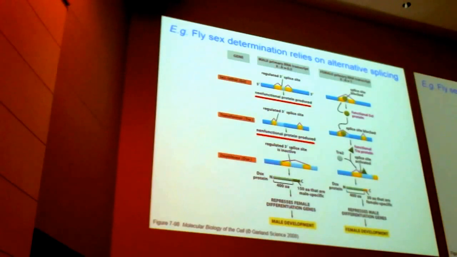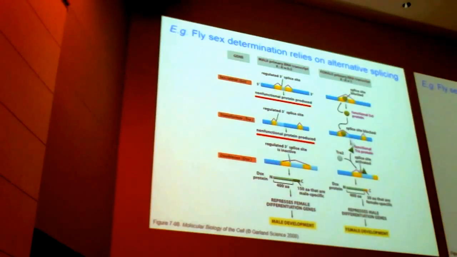On the left, you have non-functional proteins that are made because every time you make such splicing sequences, you get stop codons or something that leads to degradation of the RNA, and you don't get functional protein. But on the right, you begin by first making functional sex-lethal protein, which changes its own splicing and affects the splicing of the downstream gene, transformer.